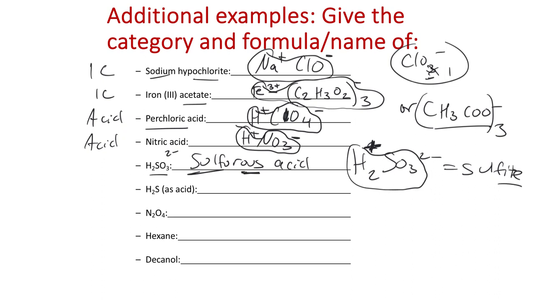H2S, if we're naming this as an acid, it actually really isn't so acidic, so we tend not to always name it as an acid. It's a gas, it's the smell of rotten egg. So H2S is usually called just hydrogen sulfide, its more common name, just that it tends to be used in common speak. But if we want to name it like it's an acid, with our acid nomenclature system, that just means we're thinking about sulfide.